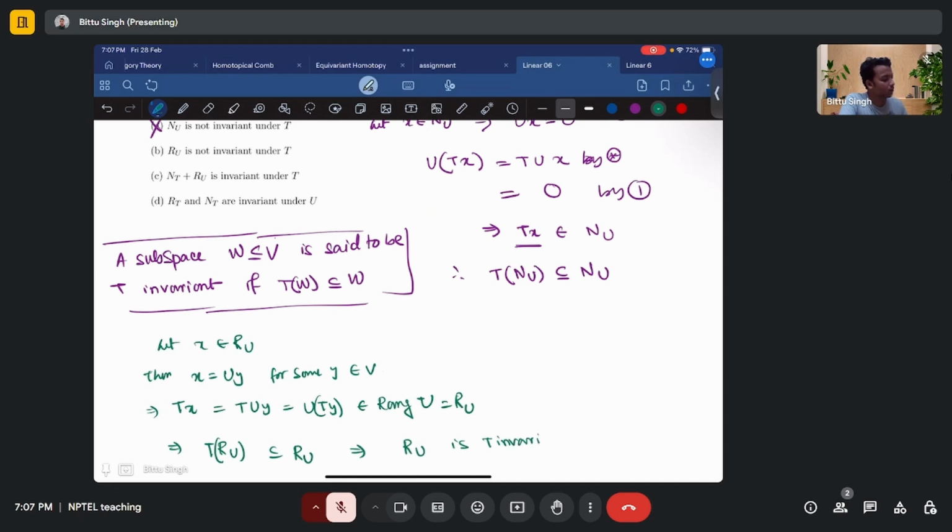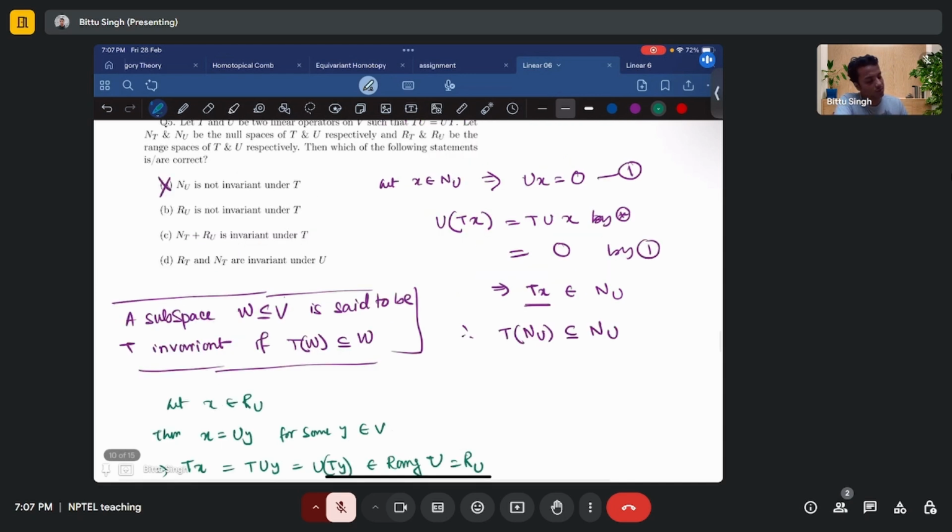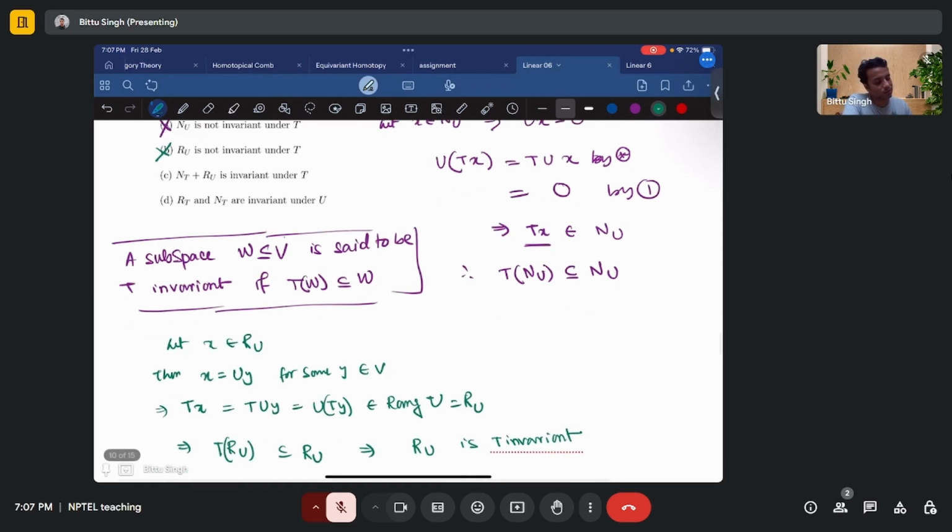Invariant. So this is also false. Both are T invariant. Nt plus Ru is invariant under T. Let us again apply T on Nt plus Ru.